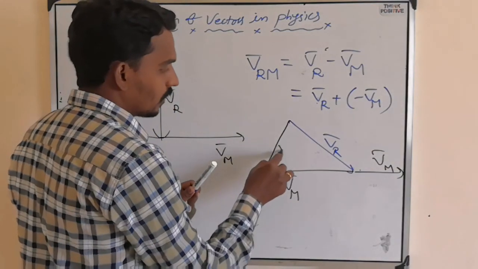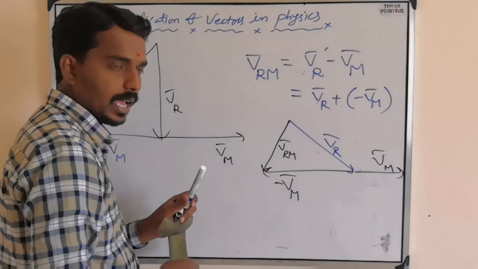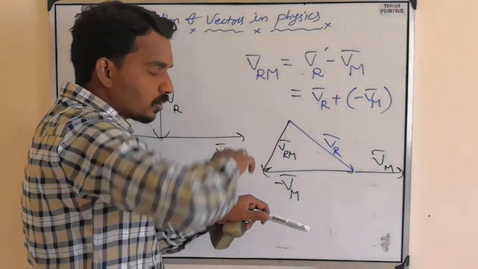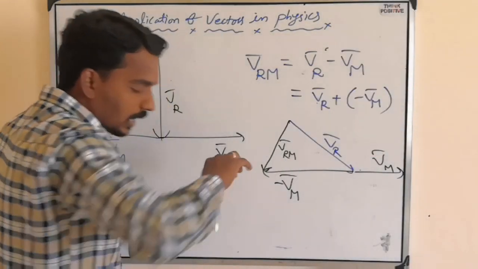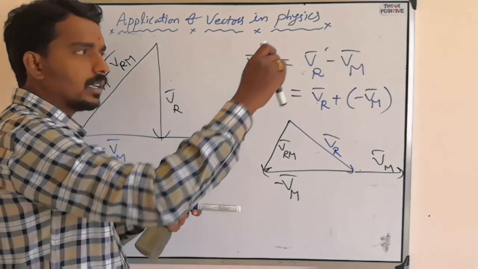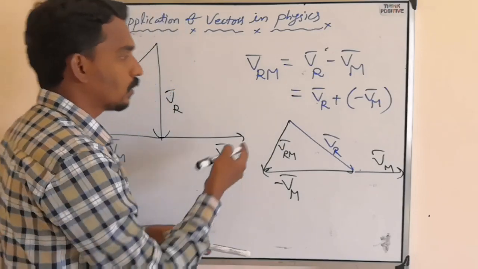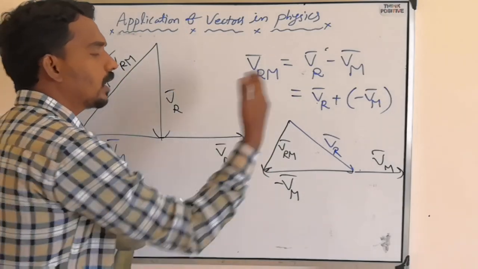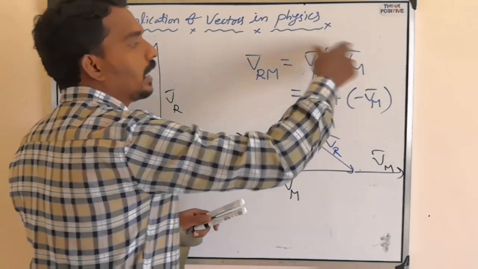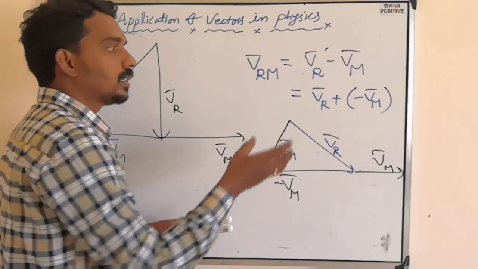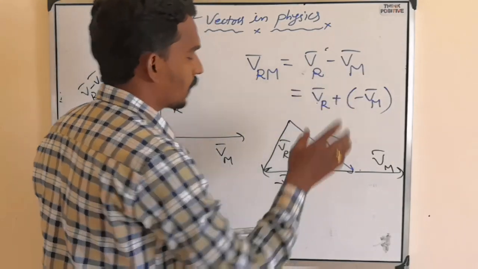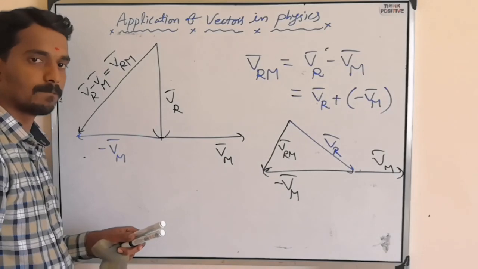Then this will become Vrm. Again, it will become opposite. You are going like this, it is bending like this. So rain always tries to bend opposite to you because of your velocity, and you can understand that using the relative velocity concept, which is nothing but addition or subtraction of vectors.